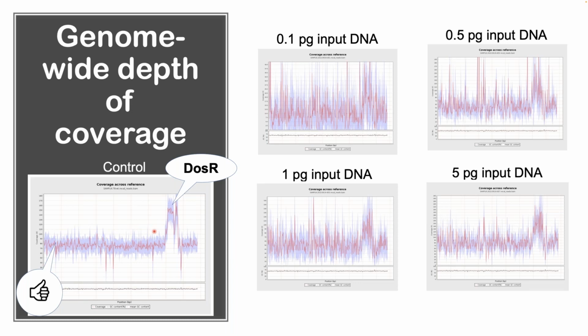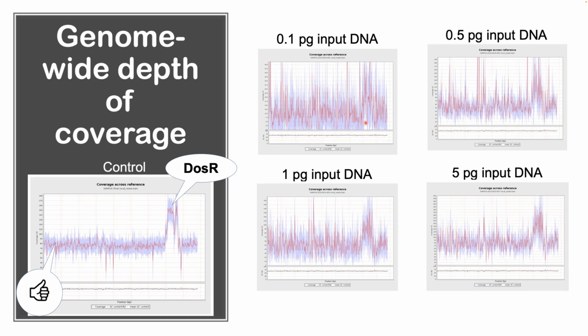And similarly, the diluted or the dMDA samples displayed a comparable pattern of depth of coverage, also reflecting this duplication of 350 kb. Notably, the lower input amounts, these two at the top, showed greater variation in the depth of coverage, as indicated by the larger standard deviation that you observe.